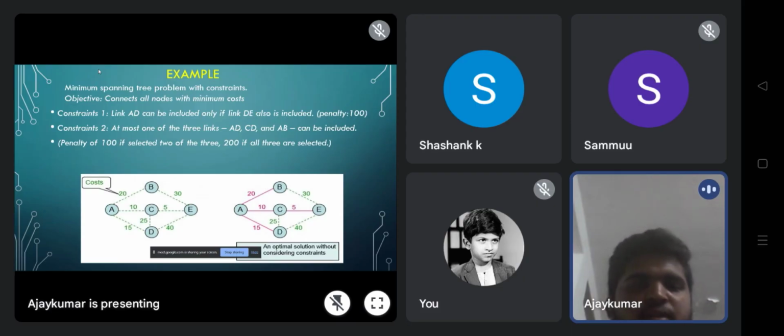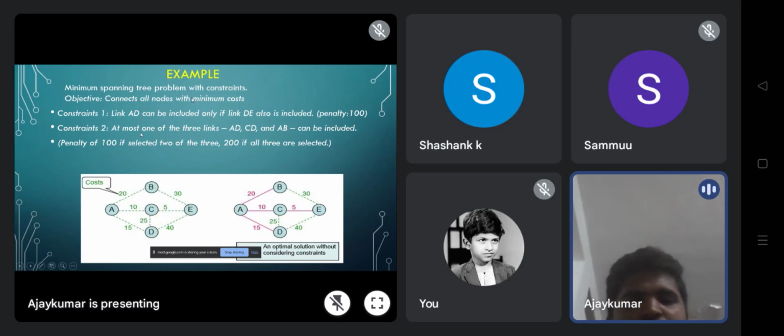Here the problem is a minimum spanning tree problem with constraints. The objective is to connect all the nodes with the minimum cost. There are two constraints here. Constraint one is link AD can be included only if link DE is included. That means if we add the edge AD without having the edge DE, then there will be a penalty of 100.